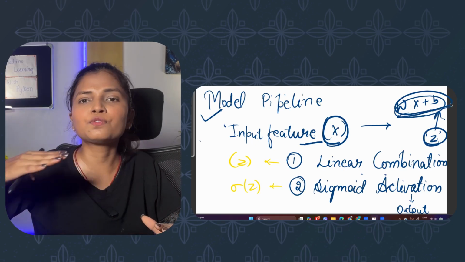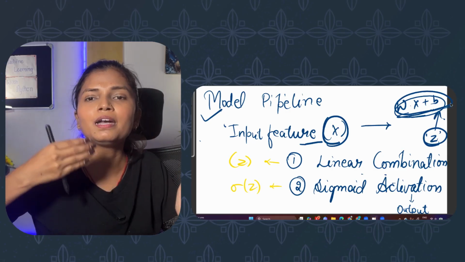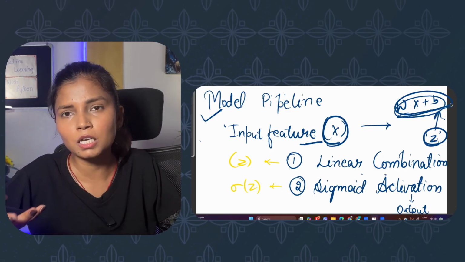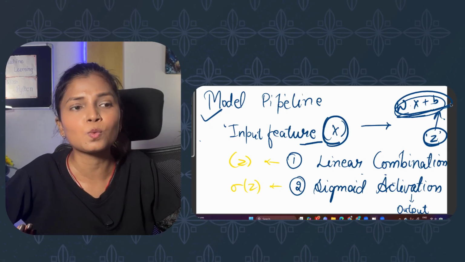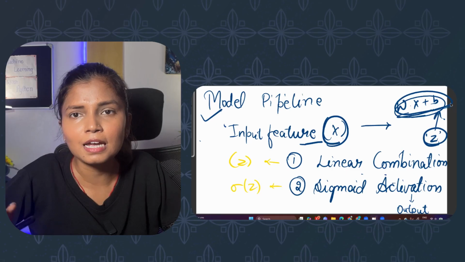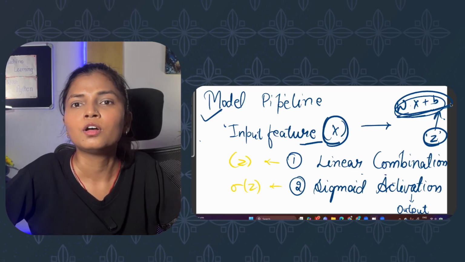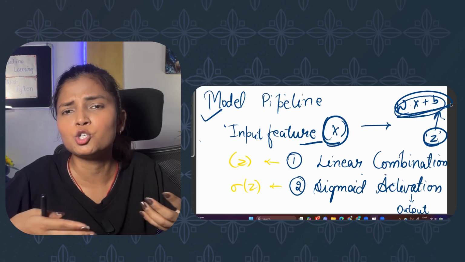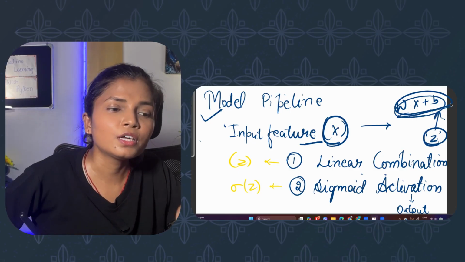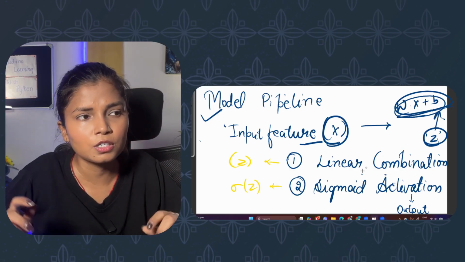It starts from the baseline: when x is 0, how your model will give you the output. Depending upon that, it generates the b value, which is the bias, and then the weight, which is w. It will initially guess it and proceed ahead. After making an error, after the backward pass, it will keep on changing it. So first is the linear combination, which gives us the result z, a continuous number.